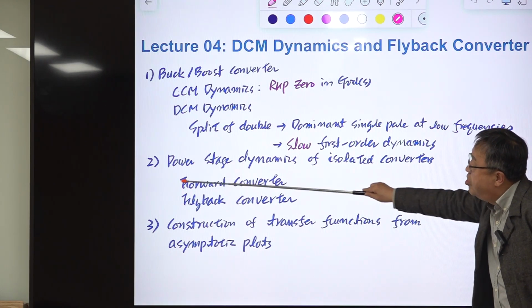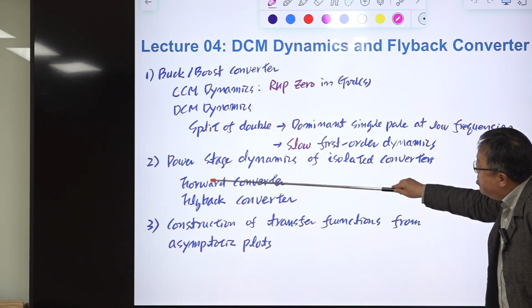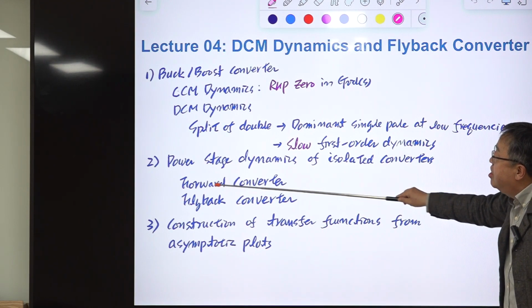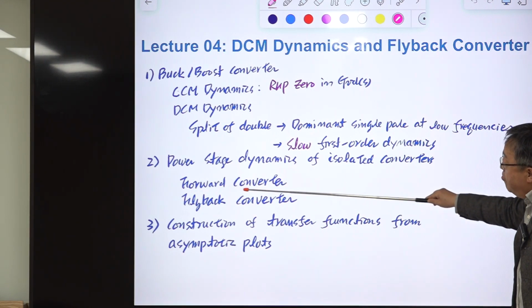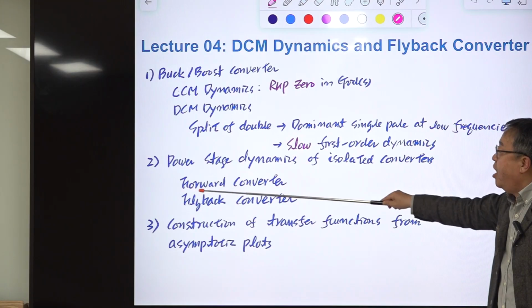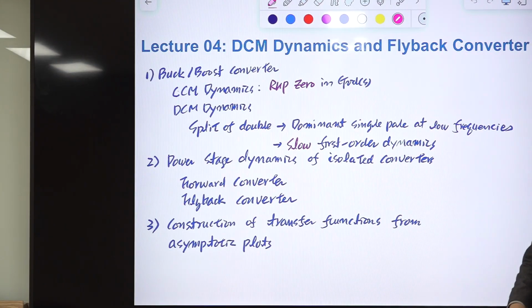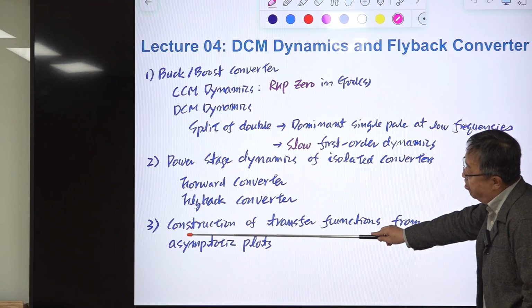So from the dynamics of its ancestor converters, with some modification, we can come up with the small signal model of the isolated converter, and from the small signal model, the transfer functions of the converter are easily derived with small modification. And maybe this is a kind of digression.